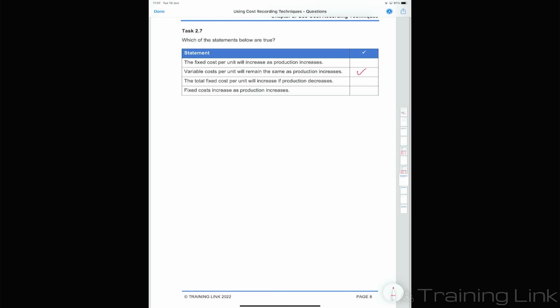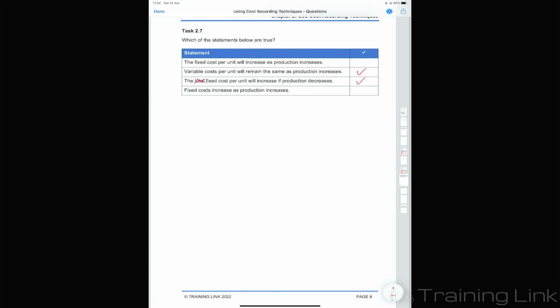The total fixed cost per unit will increase if production decreases. And this one is also true. Okay, so looking at the fixed cost per unit, if production decreases, so less units are being made, then more of that fixed cost is being allocated per unit.